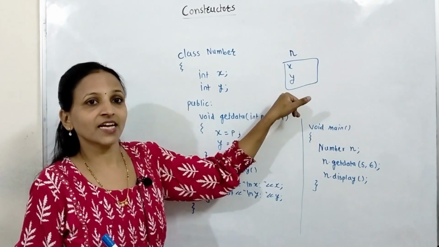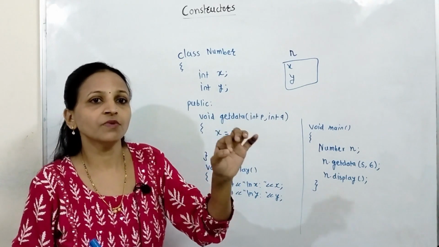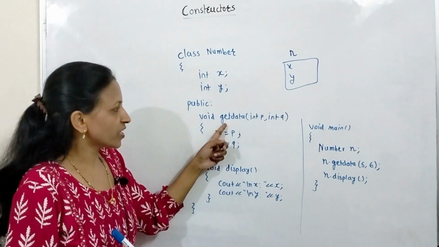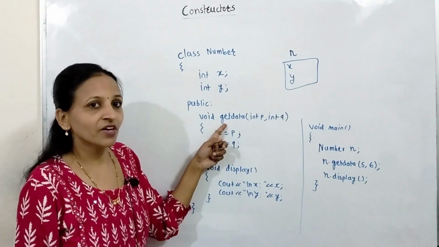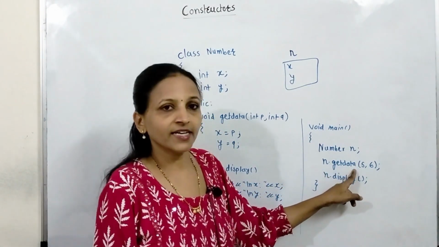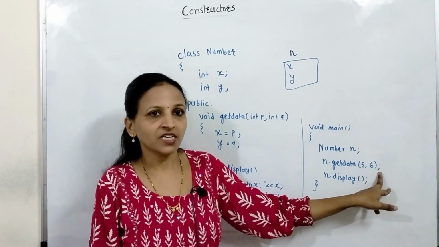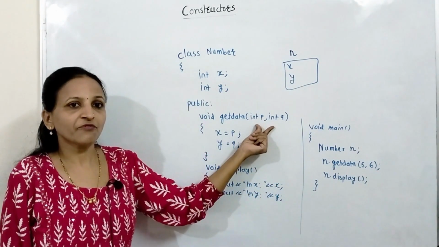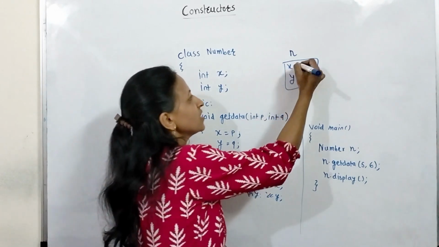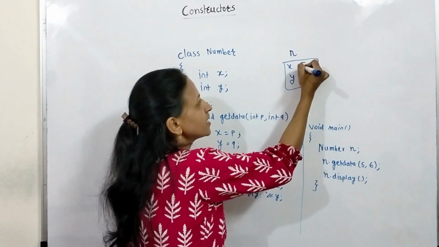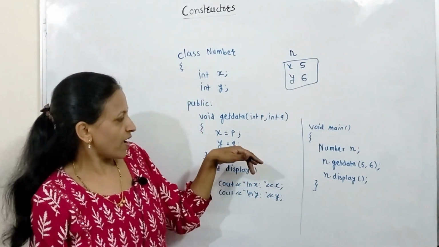Getting? Now n.x, n.y like this. To these x and y I want to set some values, so we can call this getData member function. n.getData takes two integer arguments, that's why I have passed 5 and 6. Whenever we call this member function, automatically the value 5 will get set to x and 6 to y.